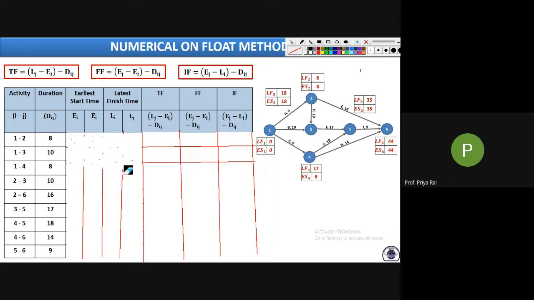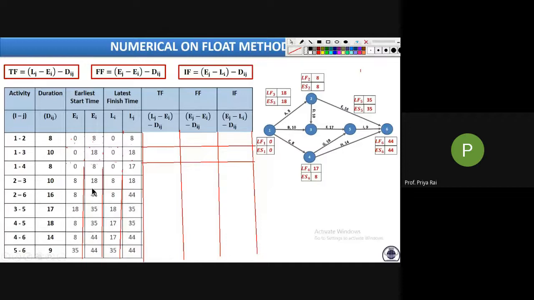Okay, I'm showing you the answers. See, these are the values. Is it matching? Yes, ma'am. Okay, then you will try to solve by your own self, then submit it. In the total float, simply substitute the values. Lj for this activity is 8.